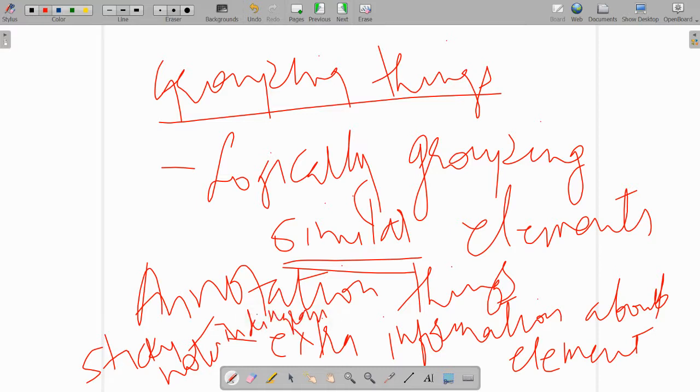Which diagram? UML diagram. So whenever you are using sticky notes in the UML language, or sticky notes in a diagram, you are using the annotation things. Annotation things give the extra information about the element.